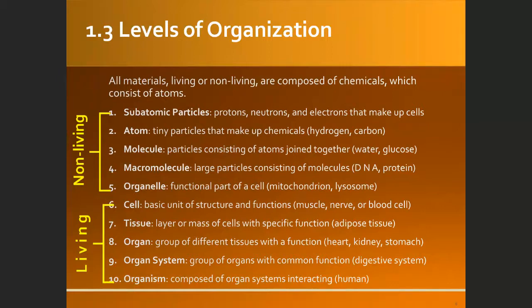So if we look closely and we put that level of organization from the simplest one to the most complex one, then we will see that each individual organism will consist of atoms, made of subatomic particles like protons, neutrons, and electrons.